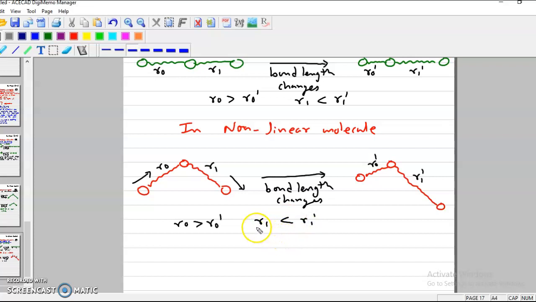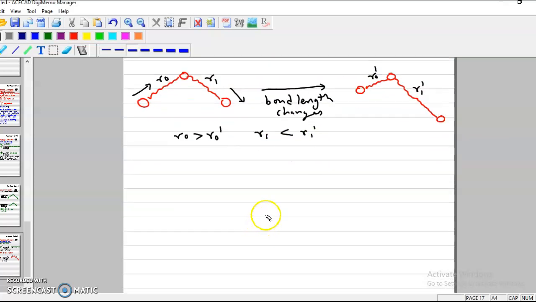So this is called asymmetrical stretching. In this kind of stretching, one atom moves away from the central atom while the other atom moves towards the central atom. As bond length changes in both type of molecules, there will be change in dipole moment also.